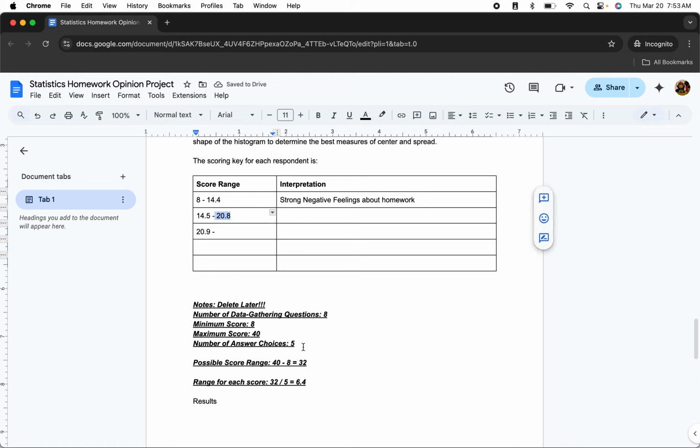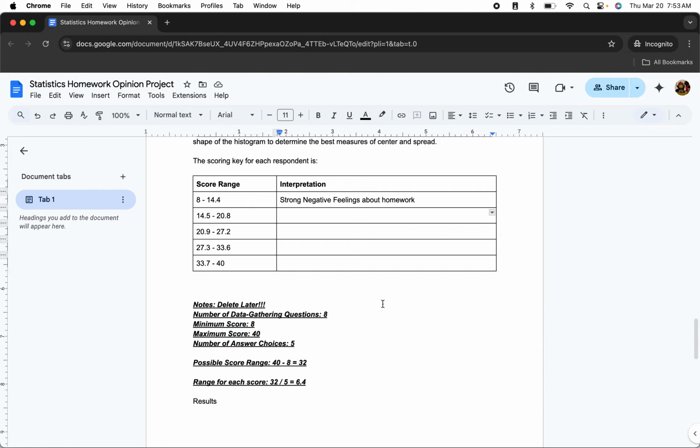Now we'll take the 20.8 plus 6.4, which should get me 27.2 as the top of my middle range. The next number up would be 27.3. Then again, 27.2 plus 6.4 should come out to 33.6. And then 33.7. Part of the way that you know that you did this correctly is that when I take my 33.6 and add my score range of 6.4, I should get 40, which is my maximum possible score.